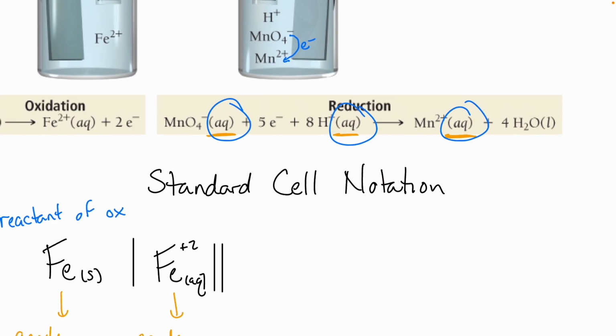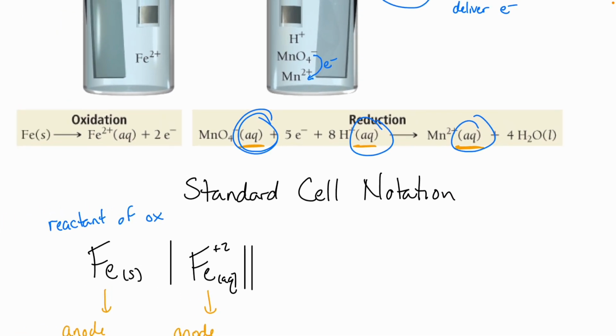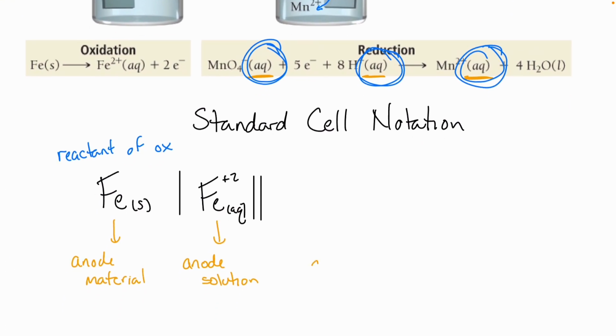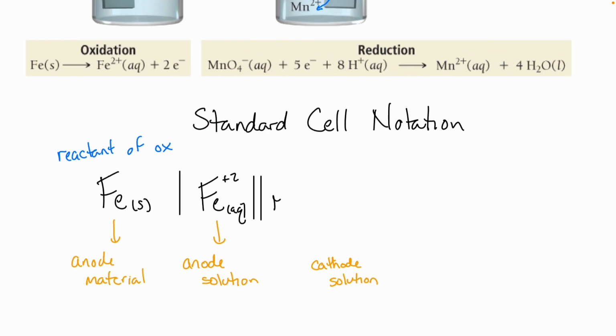So when I do my standard cell notation, I have all of these aqueous components in solution. Remember that first box is your cathode solution. So I'm going to have to list both the reactants and products of this reduction reaction. We'll separate them with a comma.